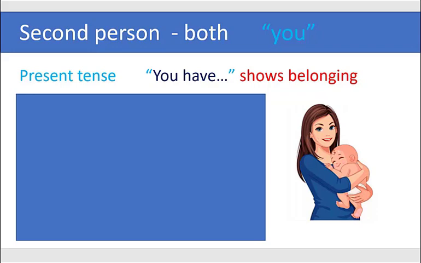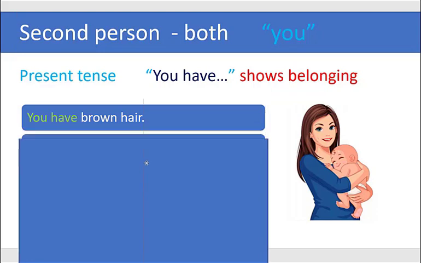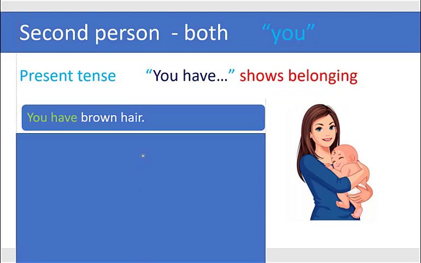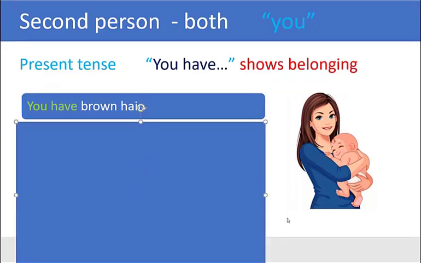We're still going to look at present tense. So when we join the second person with have, we would say you have. So let's see how the verb have is used in belonging in these sentences. So I could be saying to this person, you have brown hair.